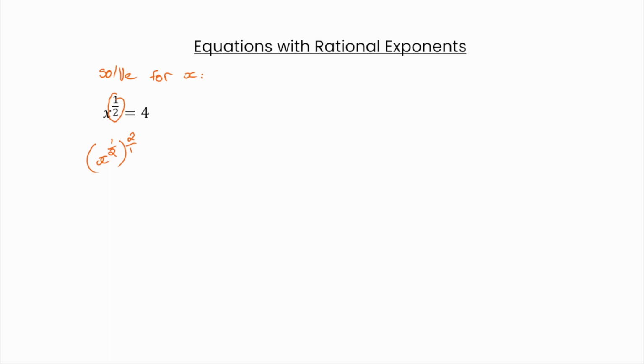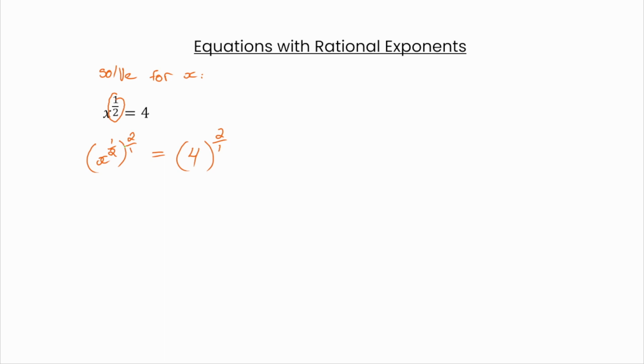Hopefully everyone's following so far. What we do to the left, we have to do to the right. So what did we do on the left? We've added this, so on this side we have to do the same. We have to say 4 to the power of 2 over 1, because that's what we have over here. These should be the same exponents. The left actually works itself out nicely.